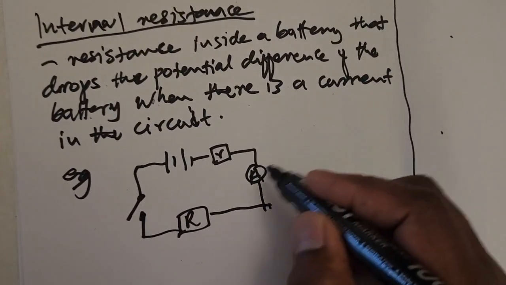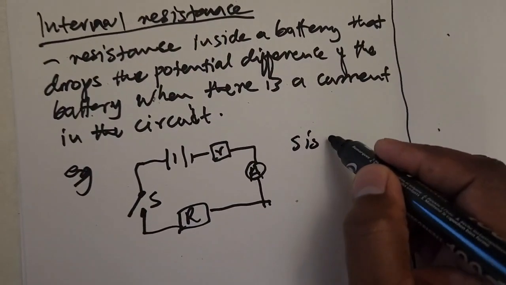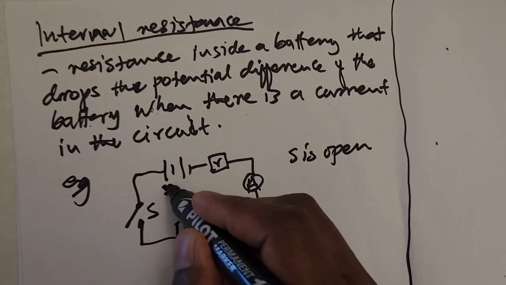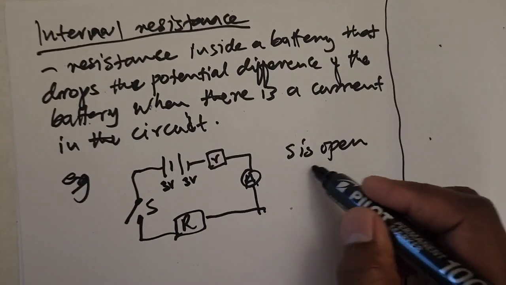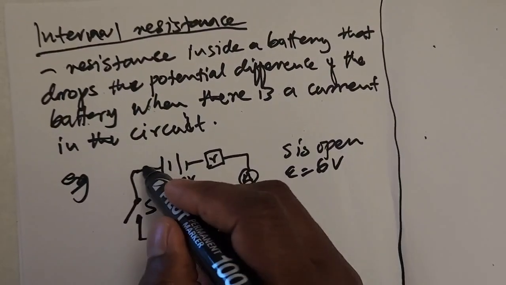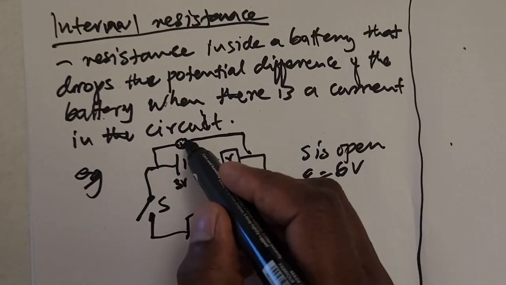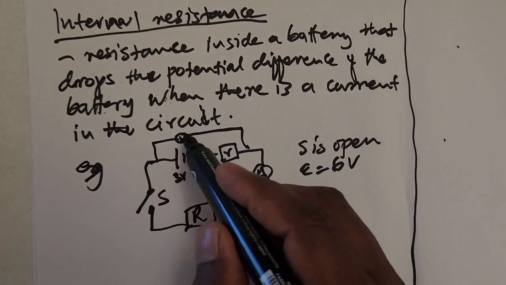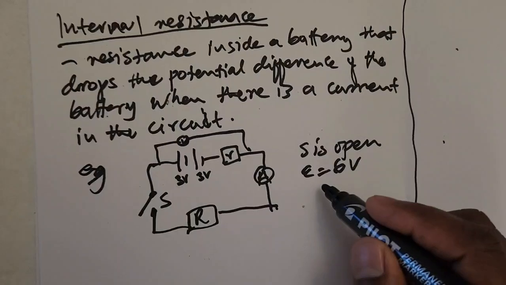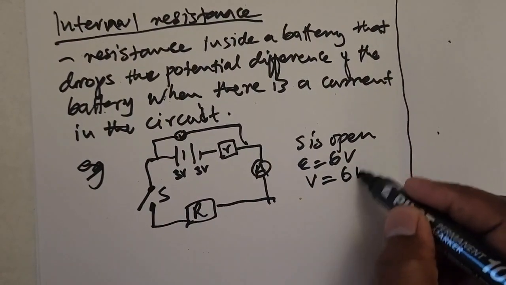Now this is switch S. When S is open, let's say for example each cell has got 3 volts, so the EMF will be 6 volts. If you connect the voltmeter across the terminals of the battery, the reading on the voltmeter will be 6 volts. So EMF is 6 volts and the V will also read 6 volts.